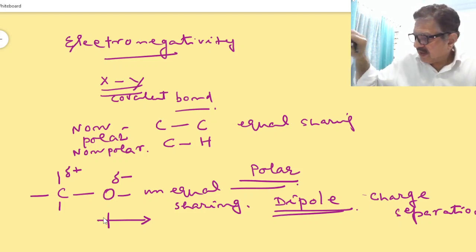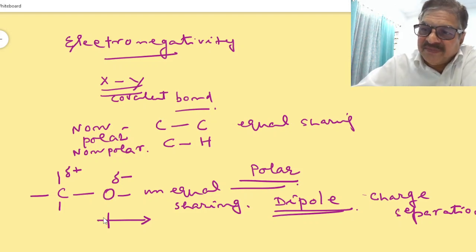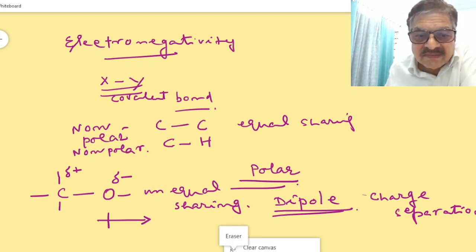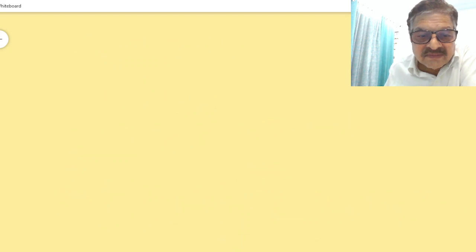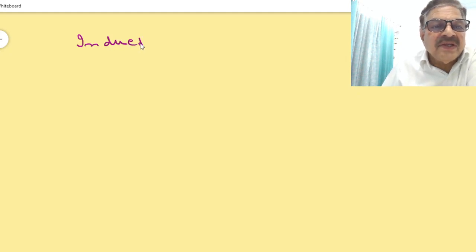Now after this, let us see what is meant by an inductive effect. This is a very important phenomenon. It is a permanent effect in a molecule: inductive effect, permanent polarization.